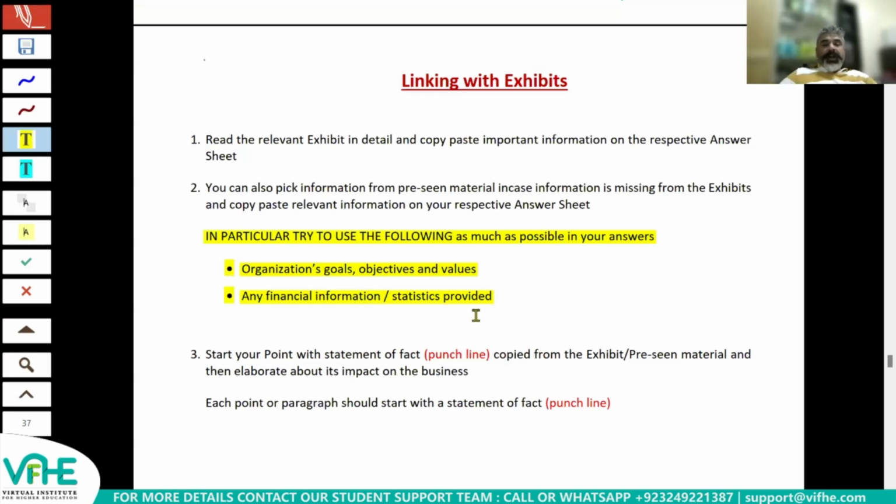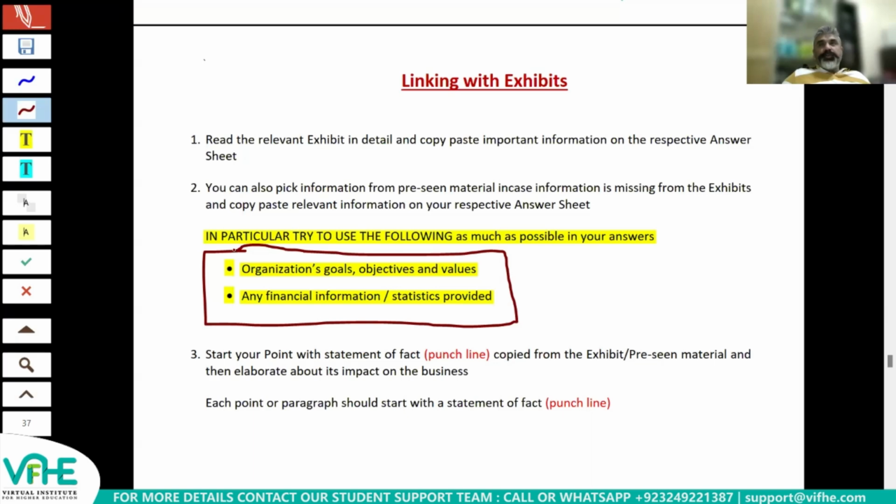When you are drafting your answer, these two you should always try to use in your answer. You have to memorize what the goals, objectives, and values of the organization are. You have to memorize what the financial and non-financial statistics available are. And wherever you get a chance when you're drafting, you must try and include this from the pre-seen.